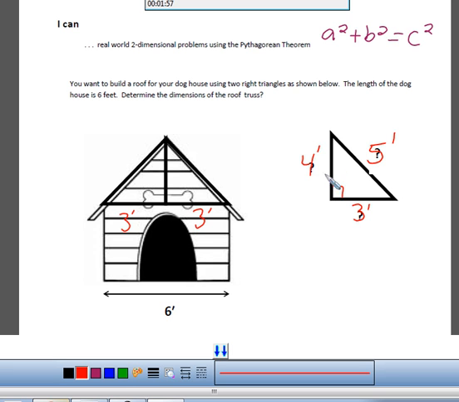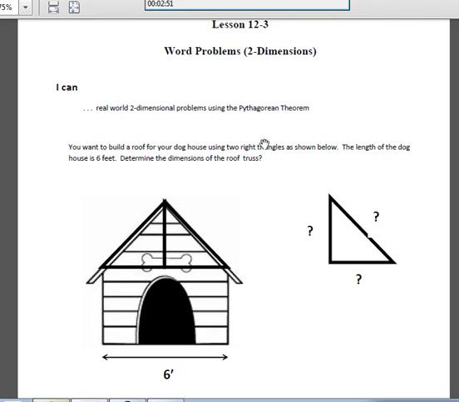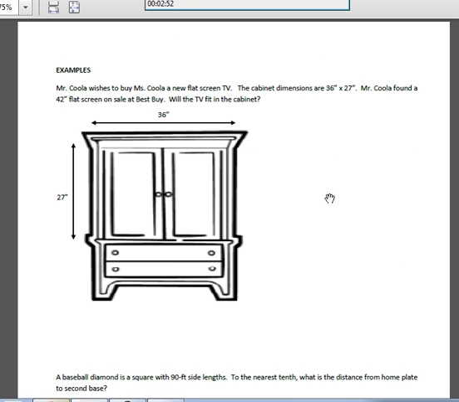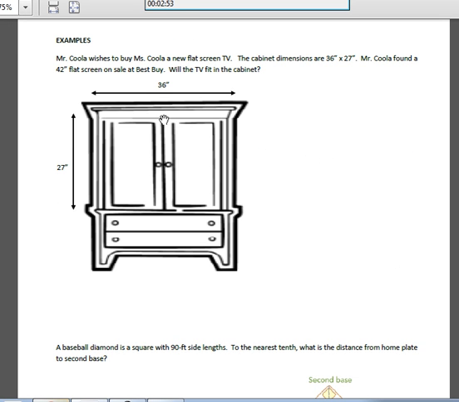If this is something else, because it is a possibility that these two right triangles are parts of a square, then this could be 3 feet and this could be 3 feet. So then what we would need here is the square root of 18 feet. But that's not a perfect square, so we're not going to do that. Alright, so let's go ahead and take a look at the two examples on page 15.